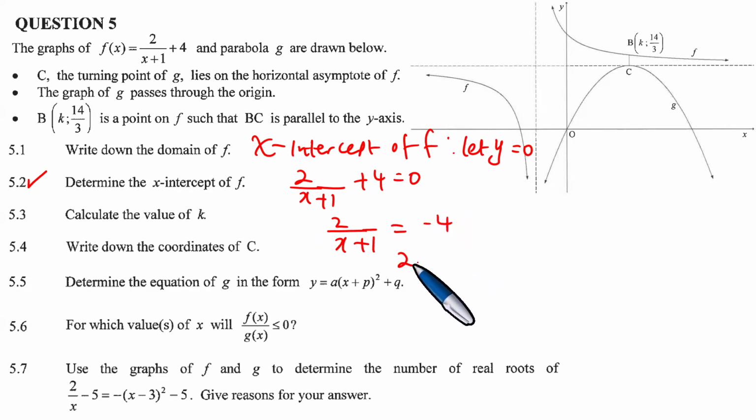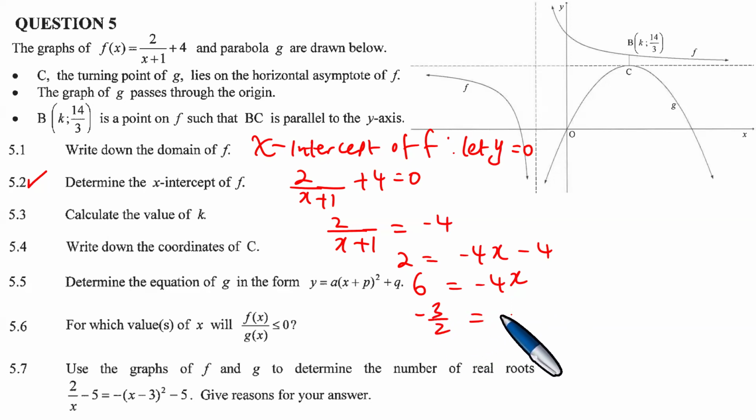You cross multiply and you get 2 = -4x - 4, which means 6 = -4x. And you divide through by 4, which gives -3/2 = x. So x therefore is -3/2, and as a consequence the x-intercept has the coordinates (-3/2, 0).